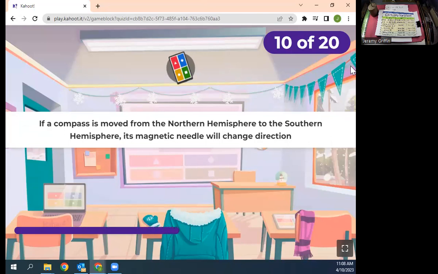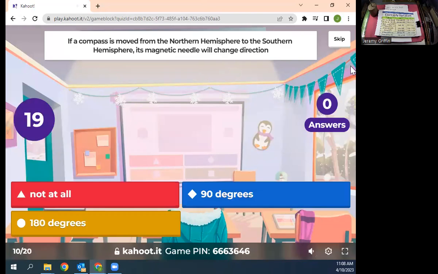If a compass is moved from the northern hemisphere to the southern hemisphere, the magnetic needle will do what?